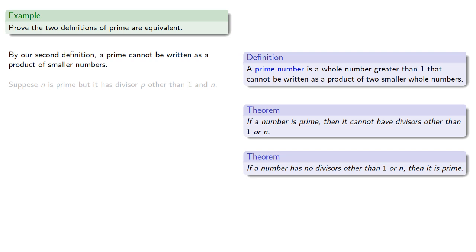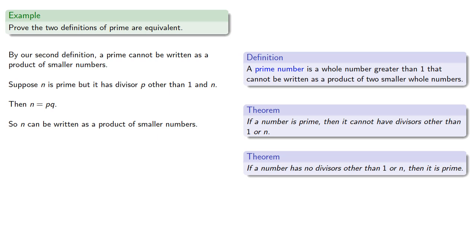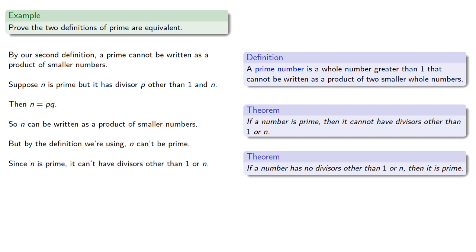Suppose n is prime, but it has a divisor p other than 1 and n. So n is pq. So n can be written as a product of smaller numbers, but by the definition we're using, n can't be prime, and since it is, it can't have divisors other than 1 or n.